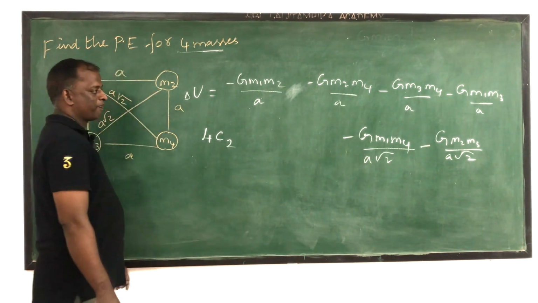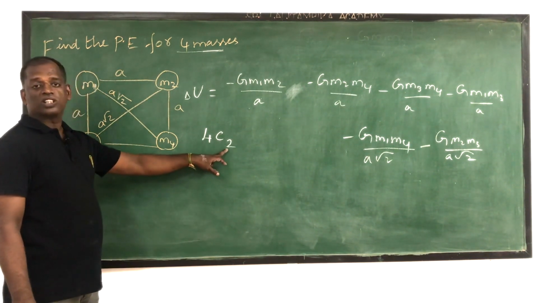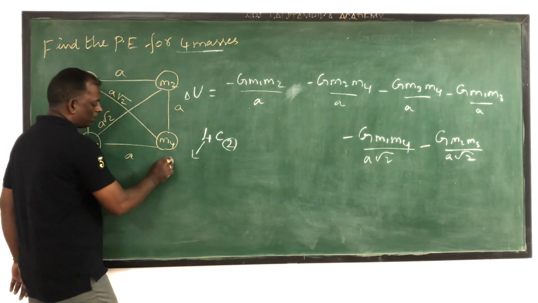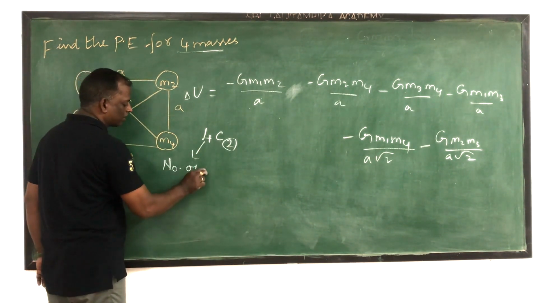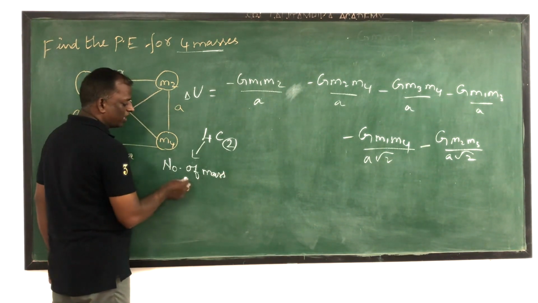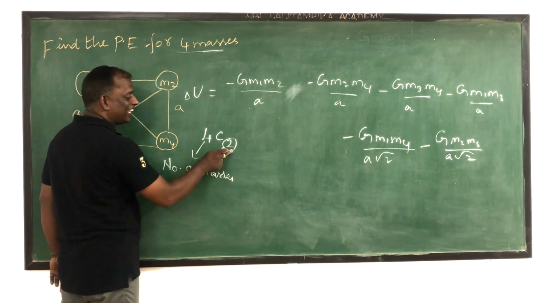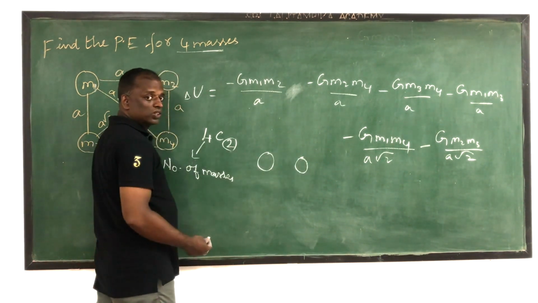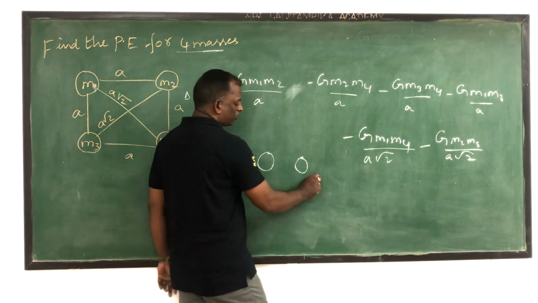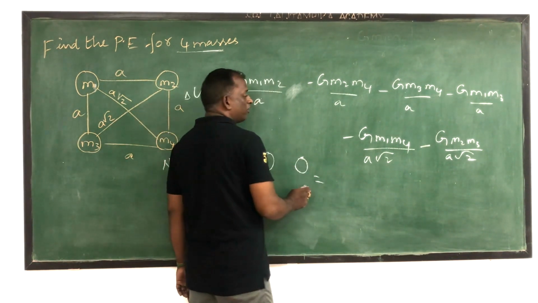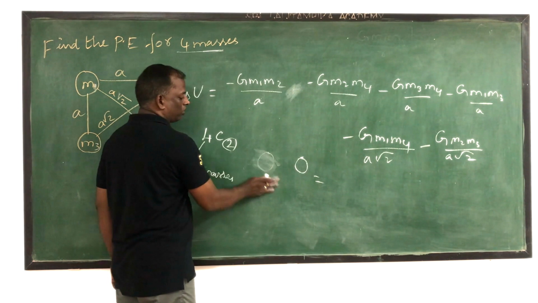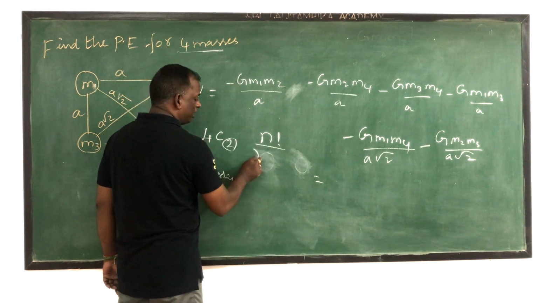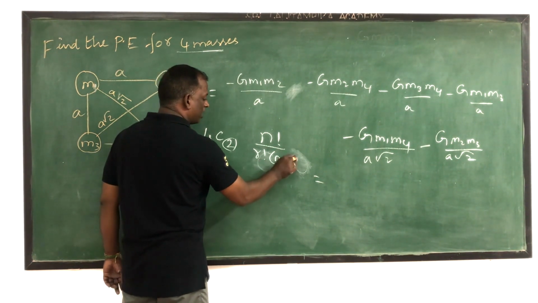How do we find how many terms come for 4 masses? 4C2. Because we have to find the potential energy, here 4 represents the number of masses, and C means potential energy is always taken for two. So 4C2. What is 4C2? The formula is n factorial divided by r factorial into n minus r factorial.